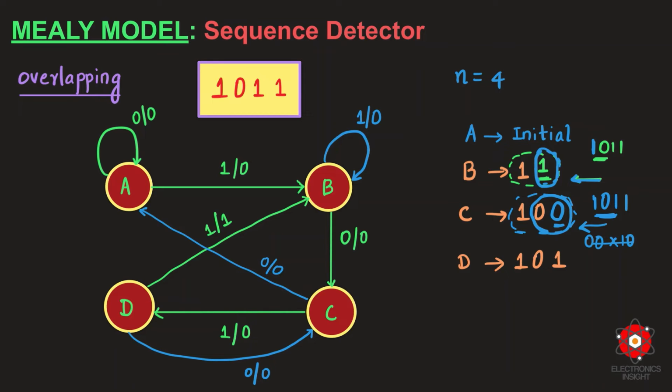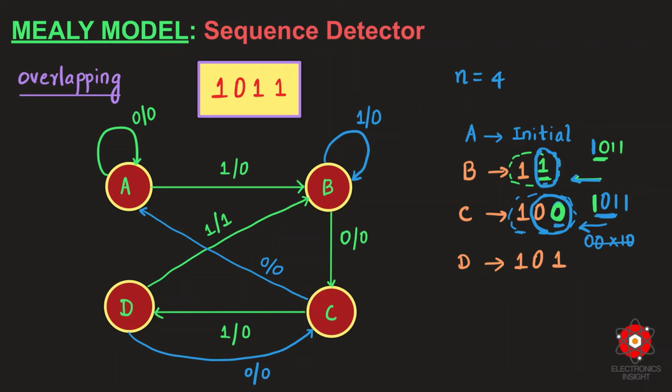Now we finally have only 1 bit, 0. 0 is also not the same as the first bit in the desired sequence. So it will completely break the sequence and it will go to the initial state itself. That's why, if I receive 0, my output will be 0.